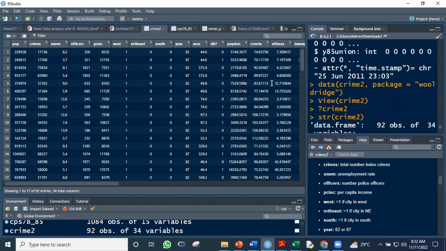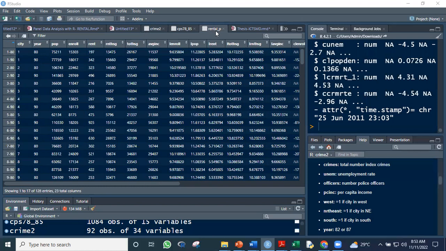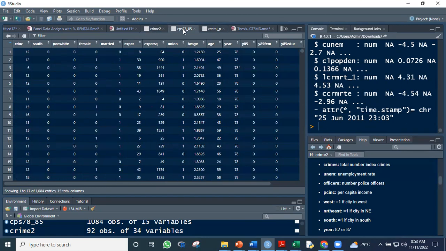Data frame si crime 2. And we'd like to convert that into a panel data. Okay, pero wala siyang index, no? Unlike yung real rental natin, di ba? Si rental natin, di ba may city, may naka-identify, may ID, no? Okay, ito wala. Parang CPS 7885 din. May year tayo, pero walang ID. But you can still do that.